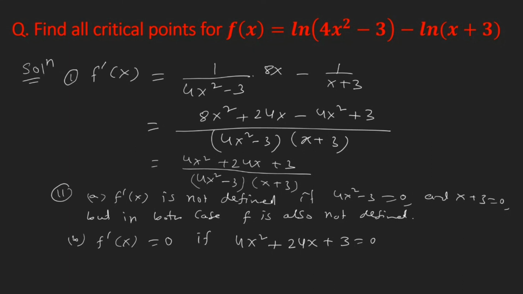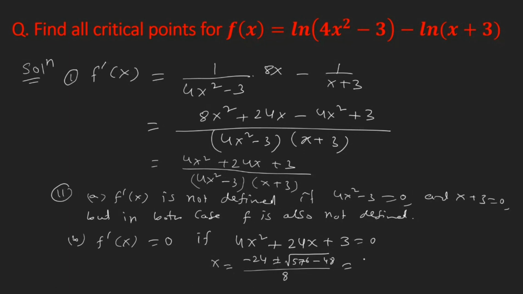If you can solve it by factorization, that's okay. If you cannot, then solve it by the quadratic formula. That means x is equal to minus b plus or minus square root of b square, 24 square, which is 576, minus 4ac, so 48, over 2a, 8.